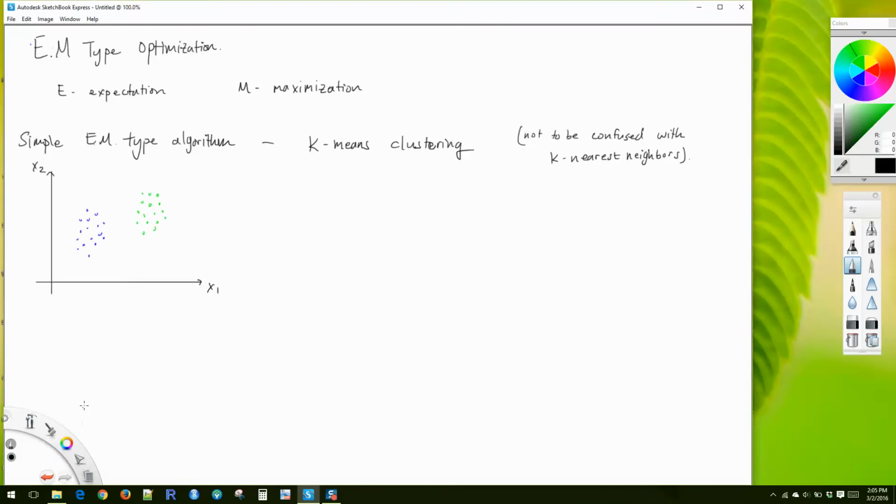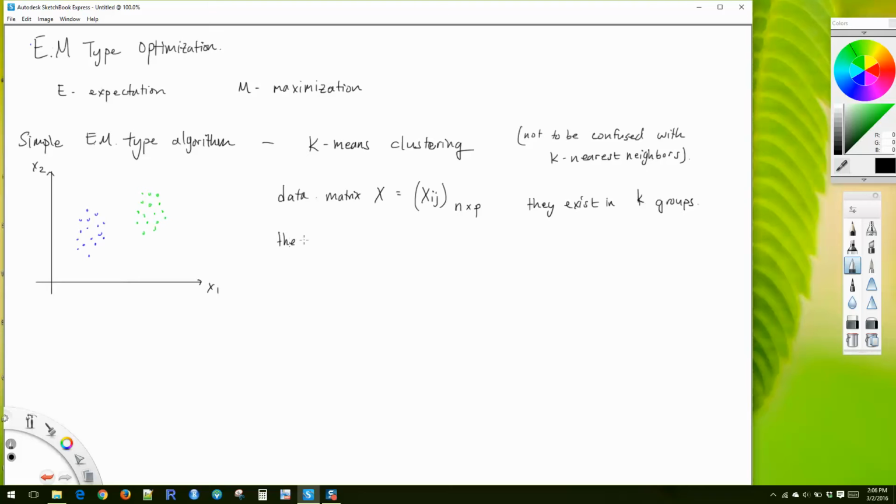Our data matrix X is equal to Xij, and these exist in k subgroups, and to us the group membership is unknown.